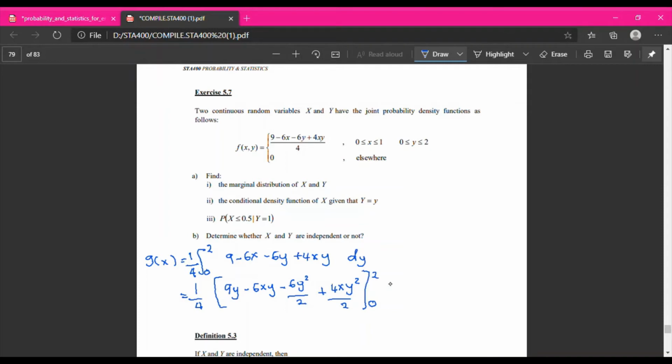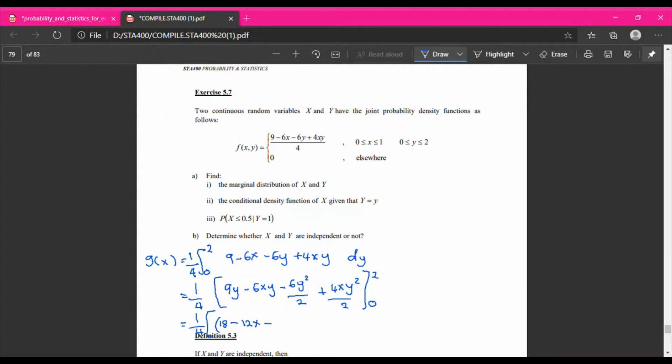So the first part, when you replace y with 2, you will get 18, right? 18 minus 12x, right?